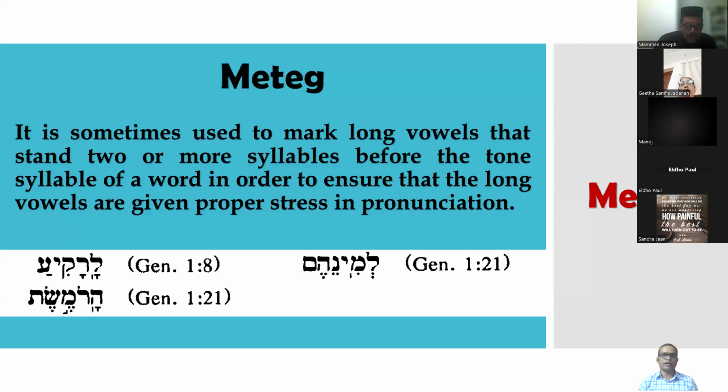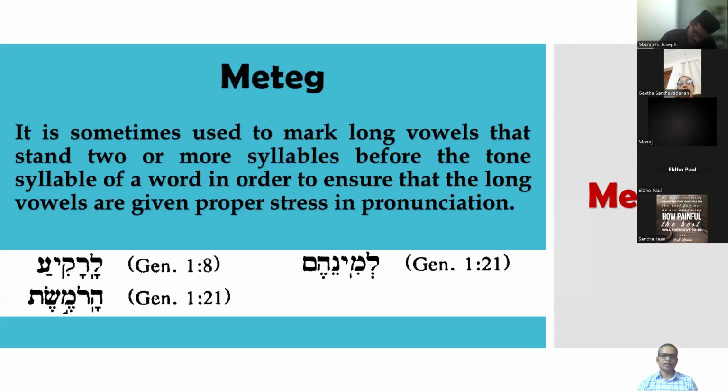Here the long vowel which is carrying methek is not the tone syllable. The tone syllable is the accented syllable which appears as the last syllable. But along with the stress that you give to the last syllable, the syllable which carries methek, especially the long vowel, should also be given stress.